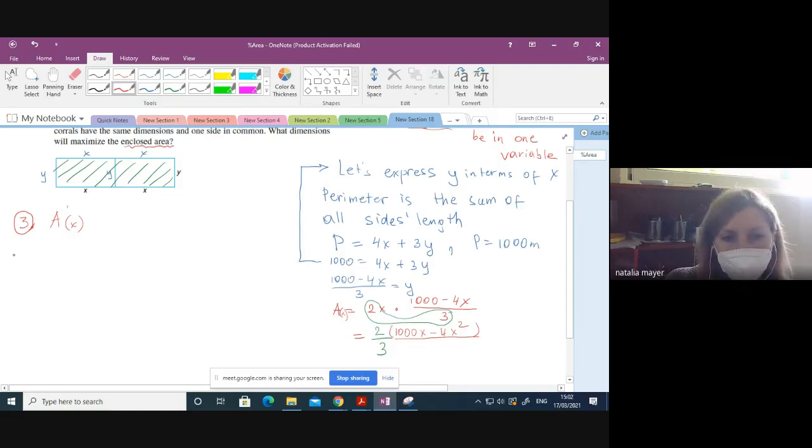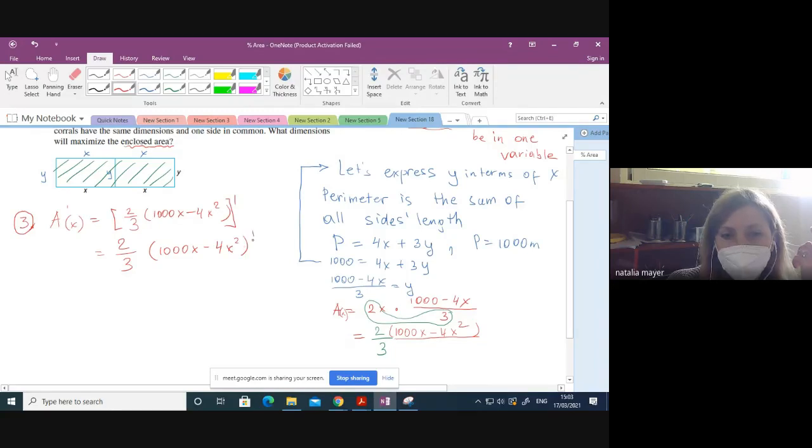So I will show you once again why I took this 2 over 3 out. So 2 over 3 times (1000x minus 4x squared) prime, right? When I find the derivative, this is a constant coefficient, so I can take it out. It will be 2 over 3, and then this needs to be differentiated.